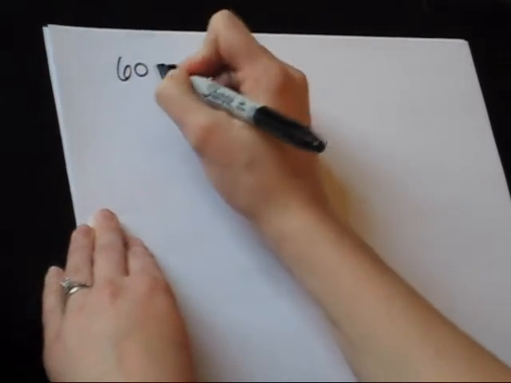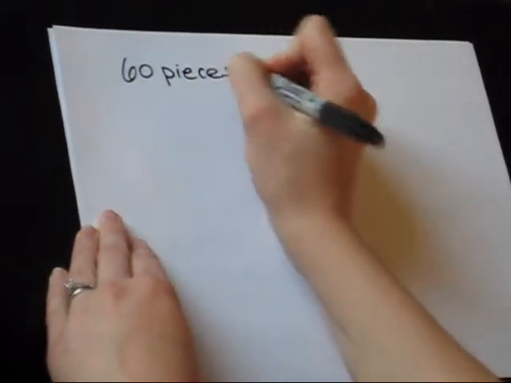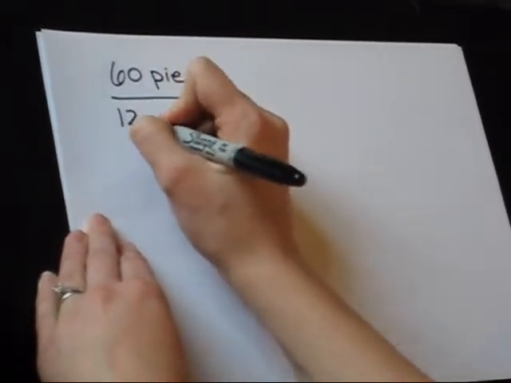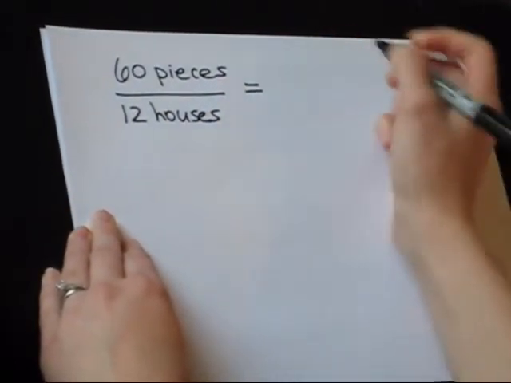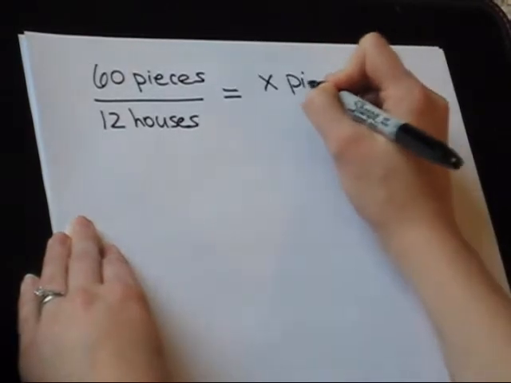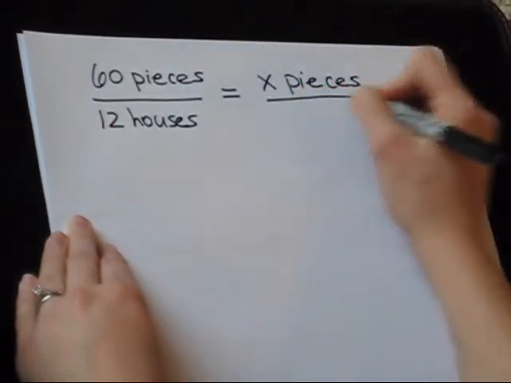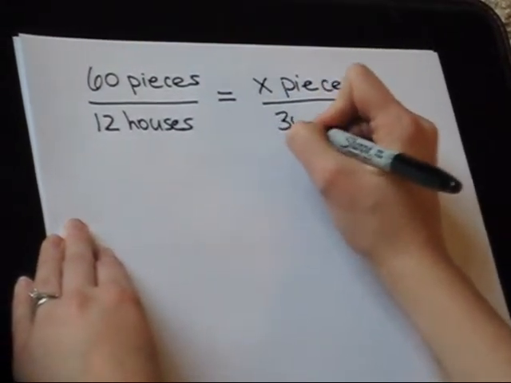Now let's set up our proportion. So we have 60 pieces of candy over 12 houses equals x pieces over 30 houses.